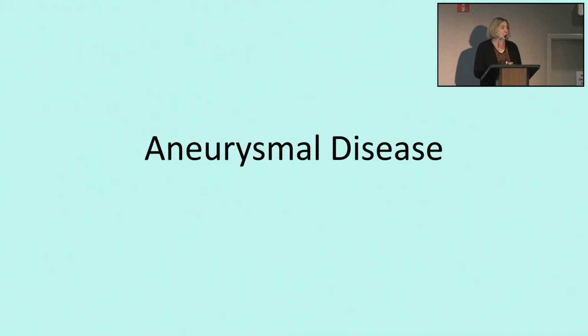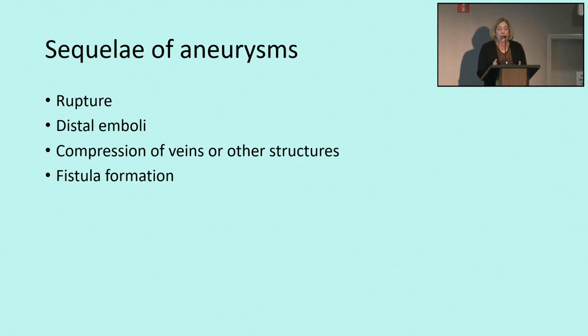So with that very brief introduction of the arterial wall, let's talk about aneurysmal disease. And we know that the sequelae of aneurysms, and when we talk about aneurysmal disease, it's usually what? We're asked to look for aorta, popliteal, pseudoaneurysms. Those are very much the bread and butter of what we do in the vascular lab.